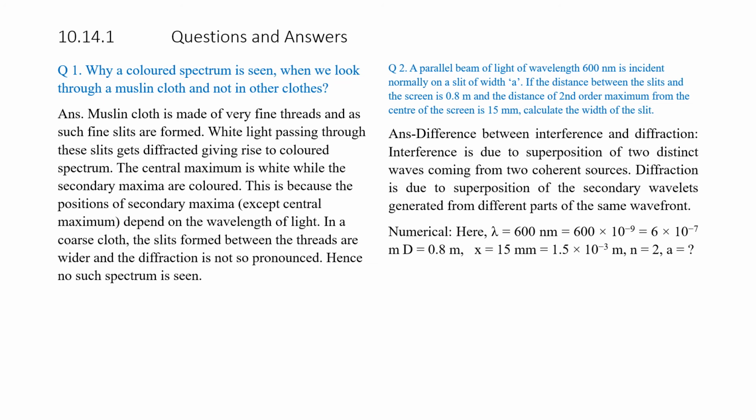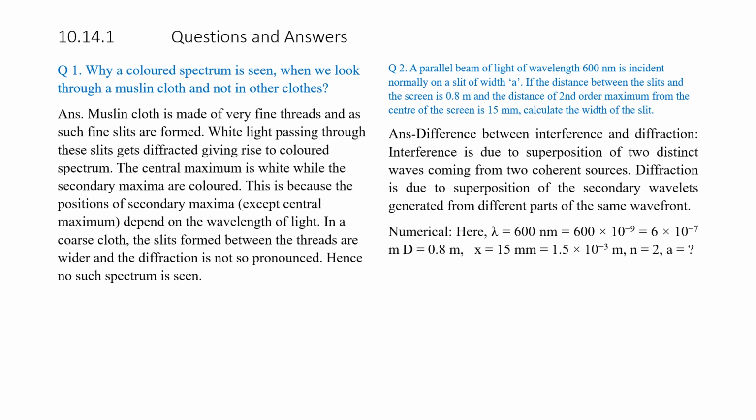In the numerical example, lambda is equal to 600 nanometers. That is 600 into 10 to the power of minus 9, or 6 into 10 to the power of minus 7 meters.